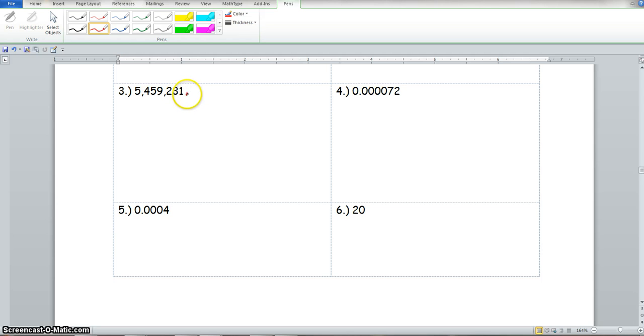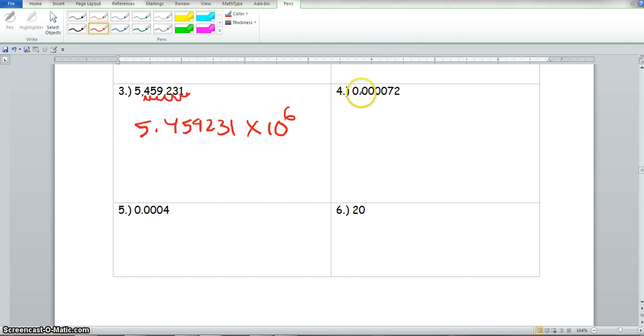So we'll move that decimal 1, 2, 3, 4, 5, 6 places. So it'll be 5.459231 times 10, and since we move to the left, it'll be times 10 to the 6th power.